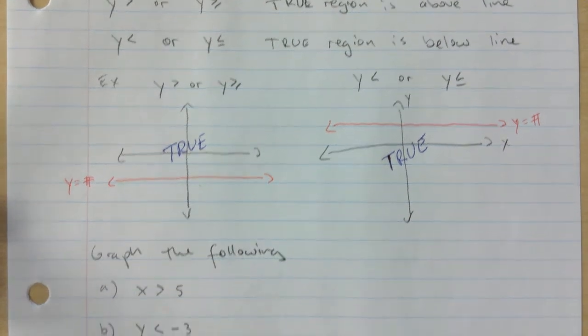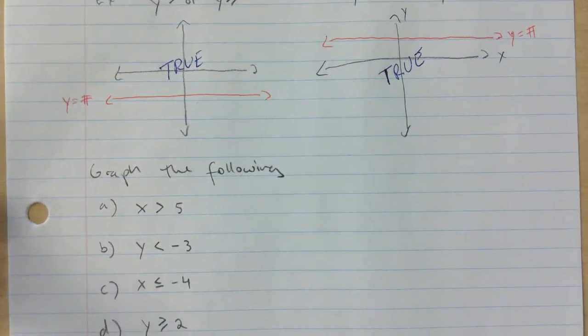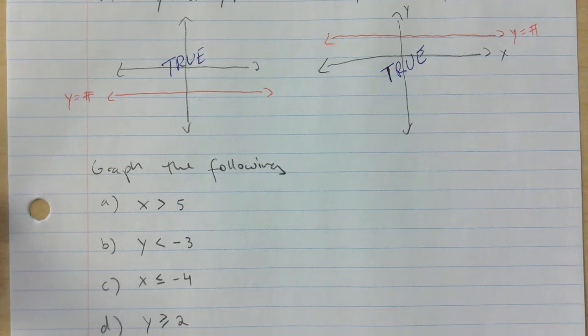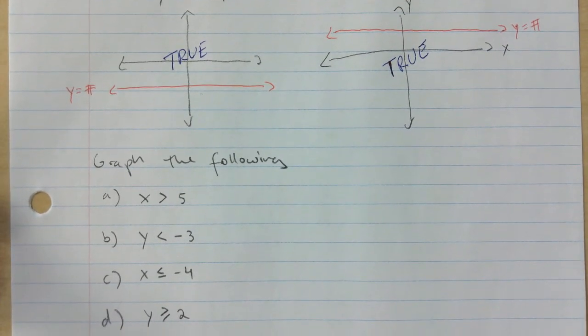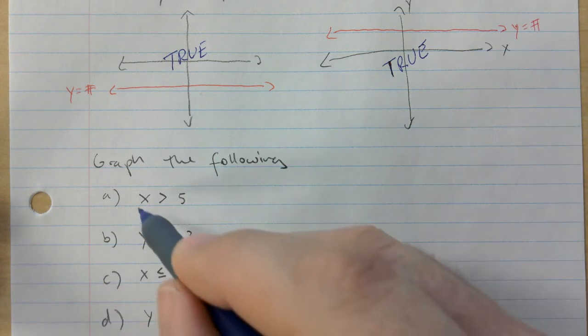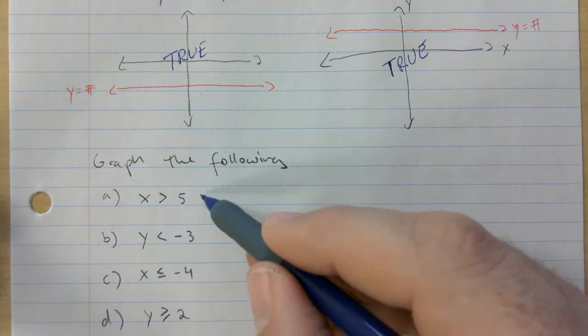Let's graph a few. A, B, C, D. Good. So A, let's do that one first.